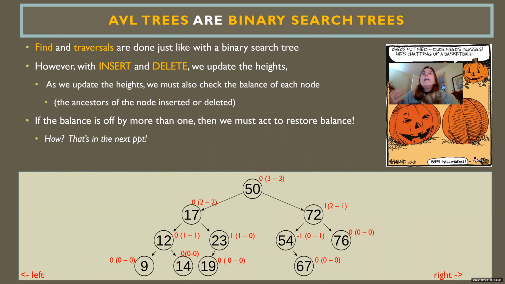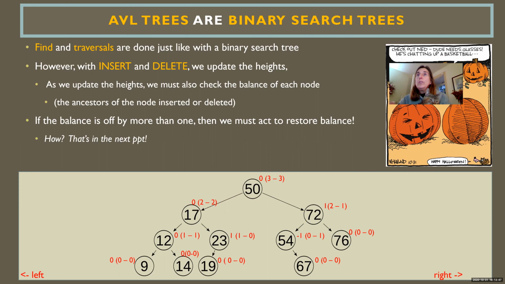So AVL trees are binary search trees, okay? That means that find is done just like we always did it. Traversals, pre-order, in-order, post-order are done just like we always did it. And they do pretty much the same thing. Where the differences lie are in insert and delete. Because when we inserted and when we deleted, that's where the heights of a node changed.